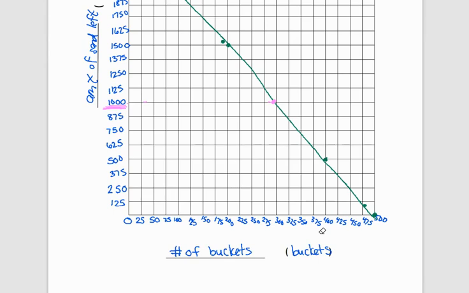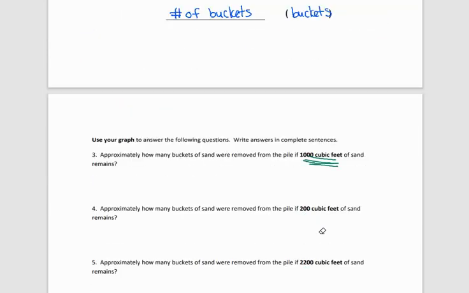Did anyone say anything different? Anywhere around that 300 mark is great. If you said a little below, like 280 or 290, or a little above, like 310, that's okay.